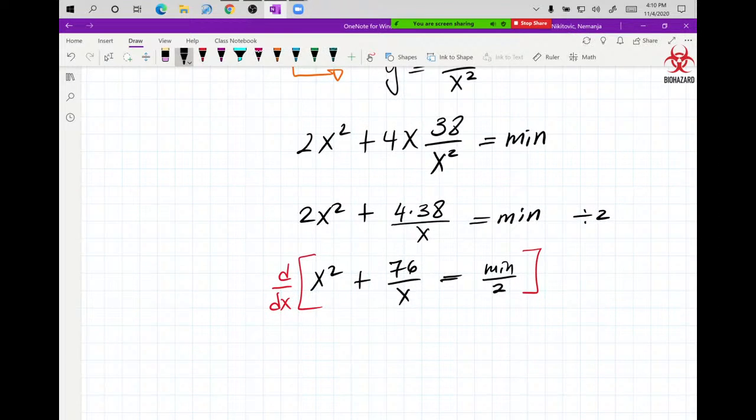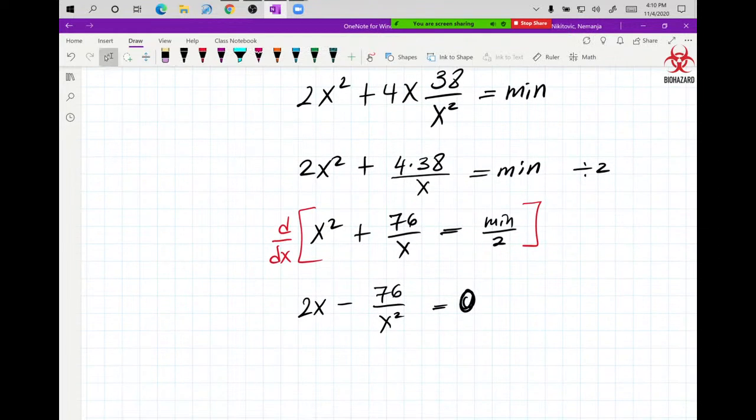Take the derivative, get your 2x minus 76 over x squared equals 0. If the minimum is, I don't know, 30 divided by 2 is 15, and the derivative of 15 is still 0.